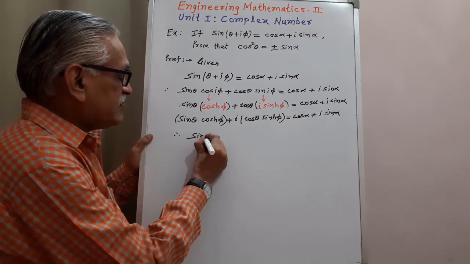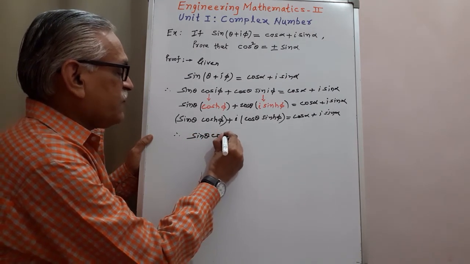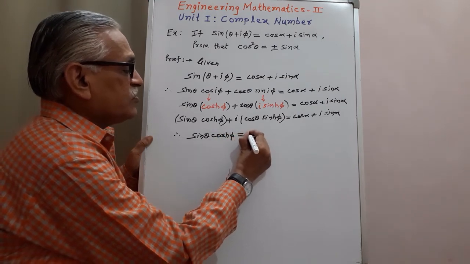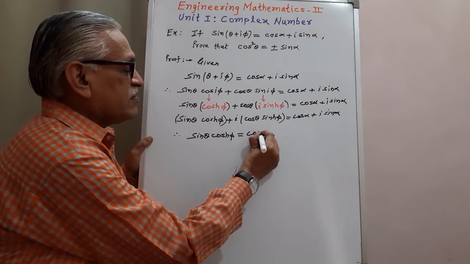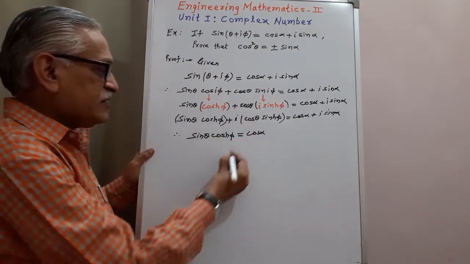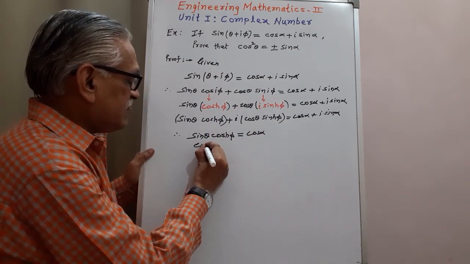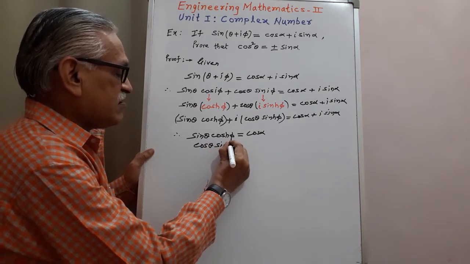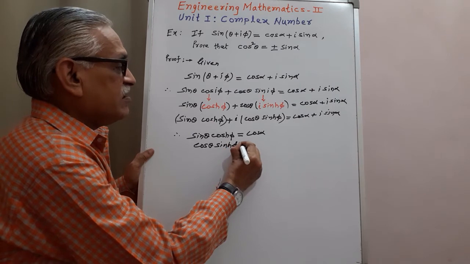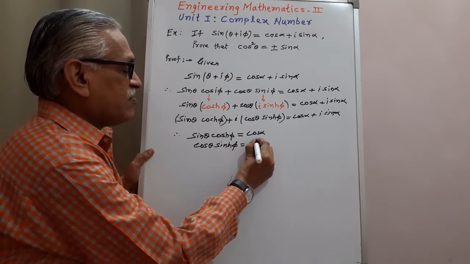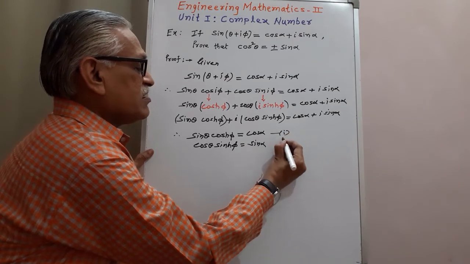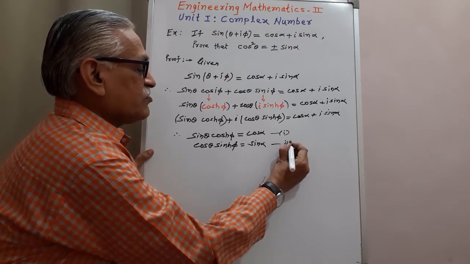sin θ cosh φ is equal to cos α, real part, and imaginary part cos θ sinh φ is equal to sin α. We call this equation 1, equation 2.